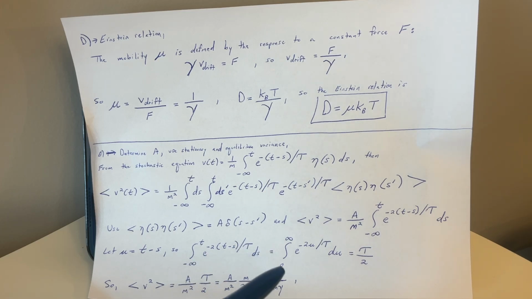From here we let u equal t minus s. So this integral from negative infinity to t of e to the negative 2 times t minus s over tau ds equals the integral from 0 to infinity of e to the negative 2u over tau du, which equals tau over 2 when we perform the computation.